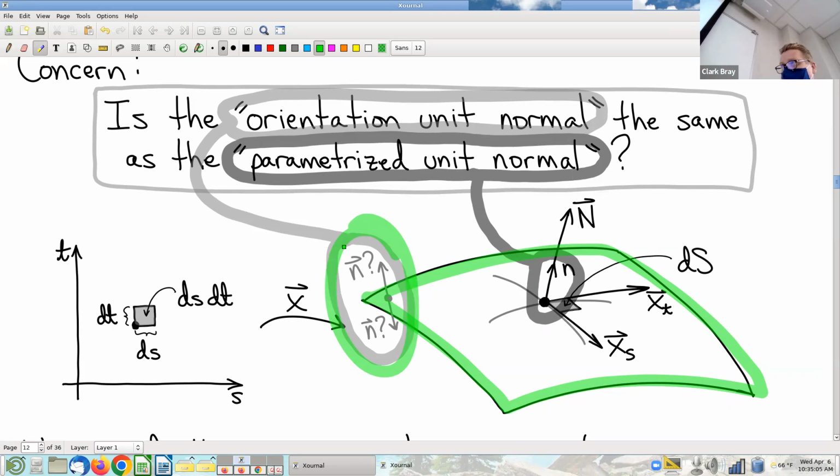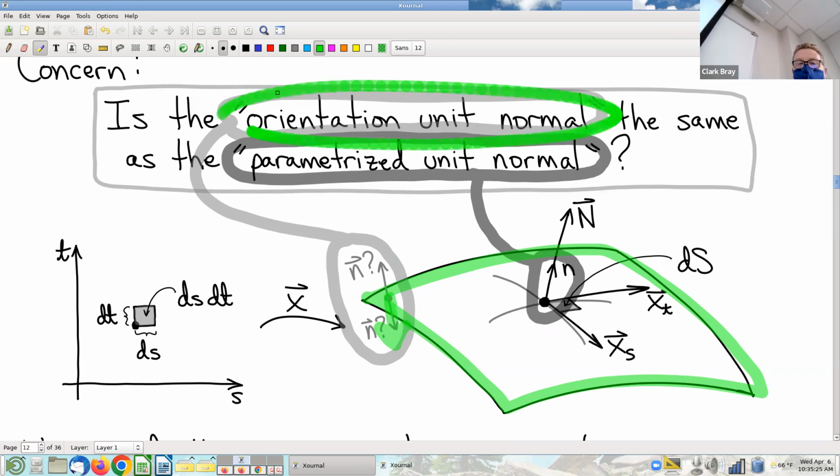It's also perfectly reasonable, and the negative, to ask, I need to know the flux downward. Baskets don't count in basketball if you shoot up through the hoop. Right? So let's consider, suppose our given oriented surface is oriented downward.